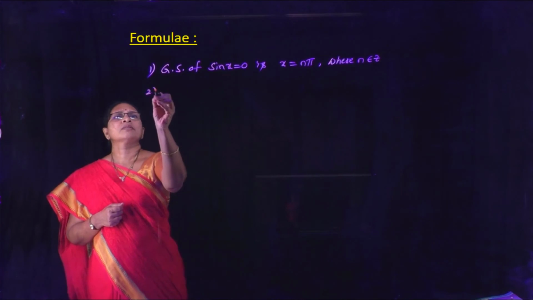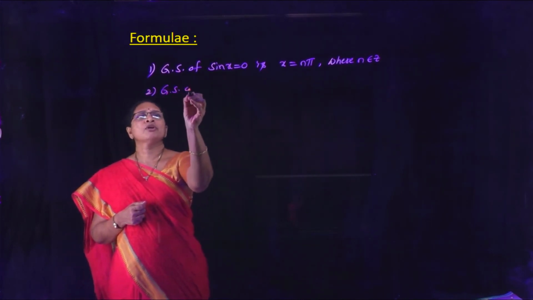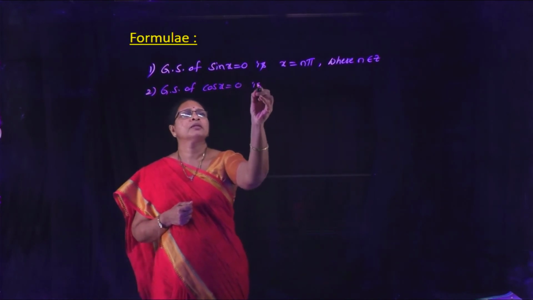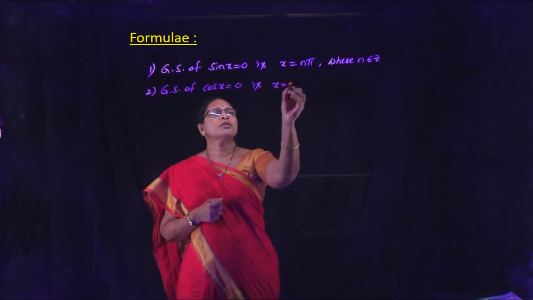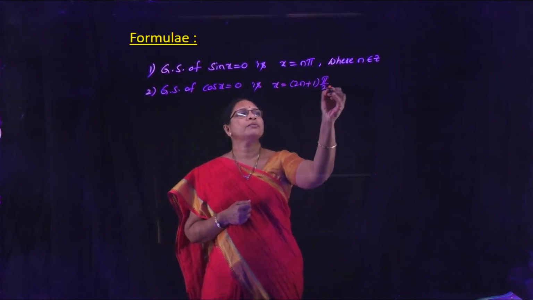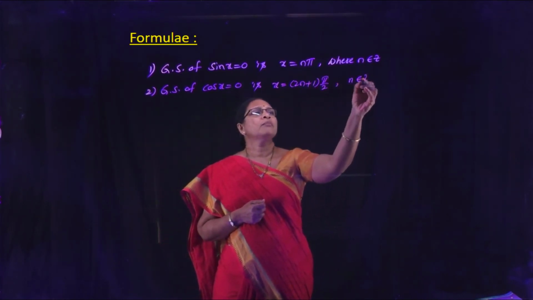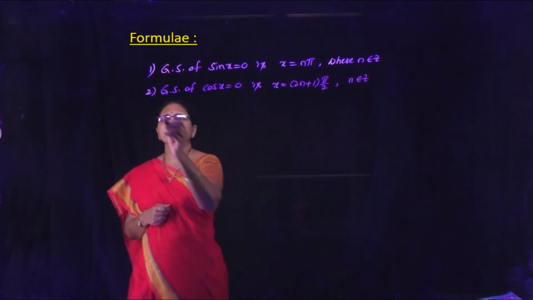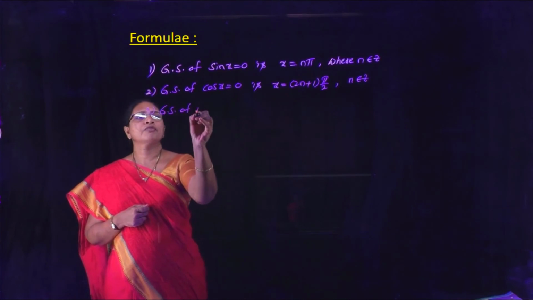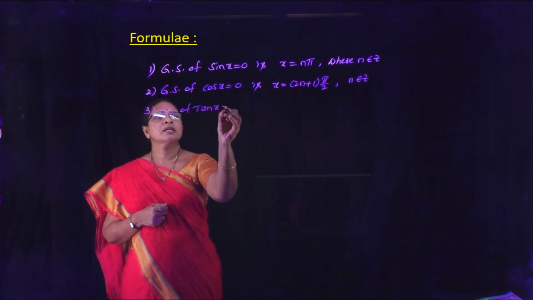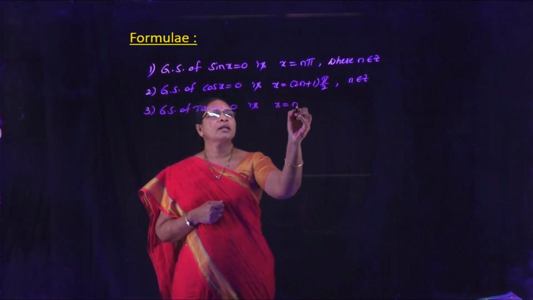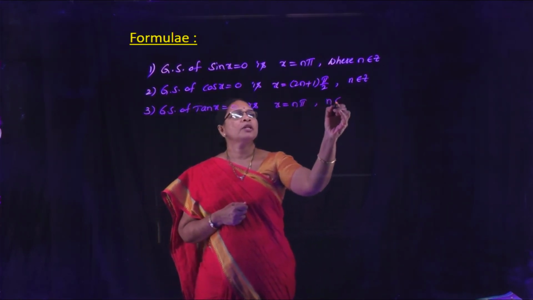Second one is general solution of cos x is equal to 0 is x is equal to 2n plus 1 into pi by 2 for all n belongs to z. Third one is general solution of tan x equal to 0 is x is equal to n pi, where n belongs to z.